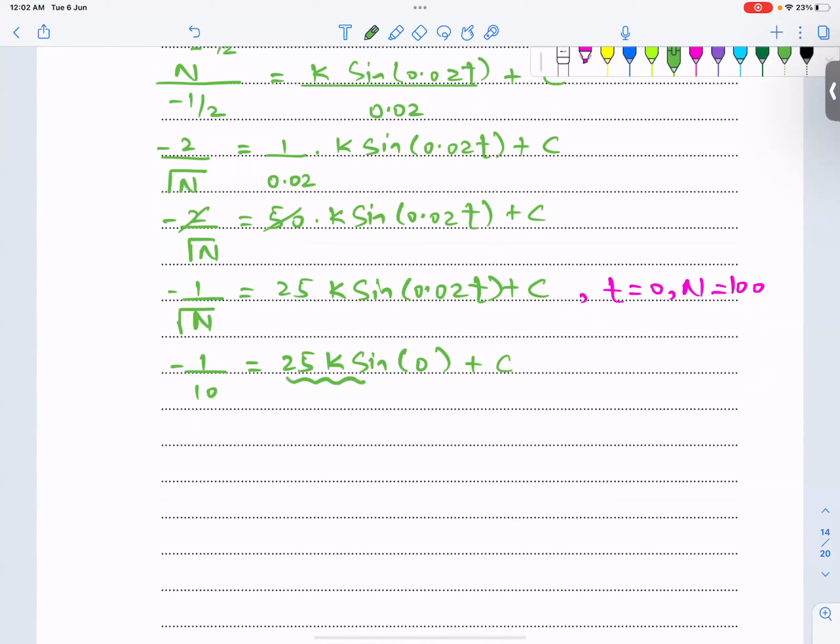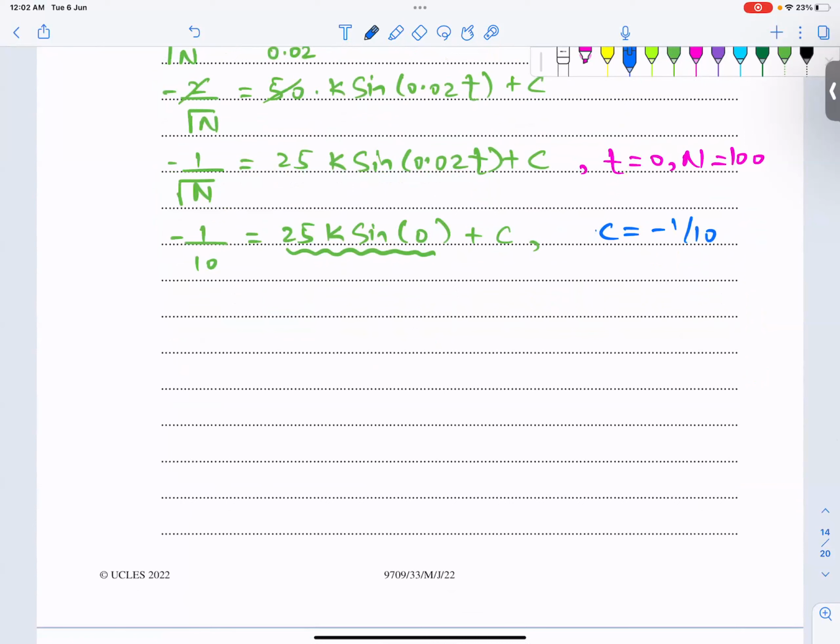So this whole thing will be 0. So c will be minus 1 over 10. Put this value of c above. This will become minus 1 over square root n is equal to 25k sine of 0.02t minus 1 over 10. This is the final expression involving k, t, and n.